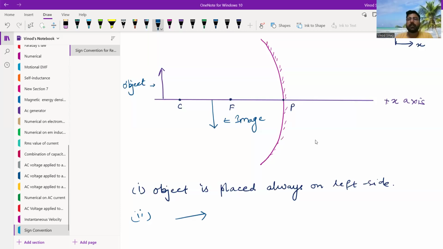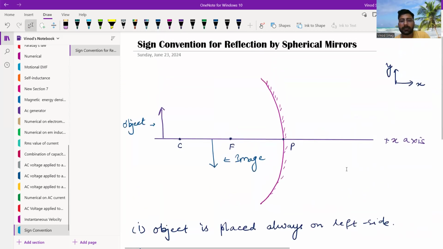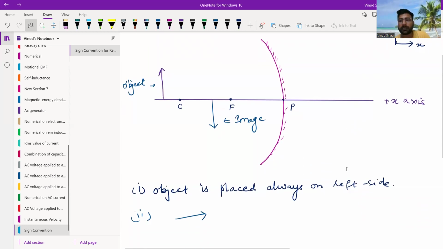Another rule is that light rays which are coming parallel to the principal axis will pass through the principal focus of the mirror. And all the distances which are parallel to the principal axis will be measured from the pole of the mirror.